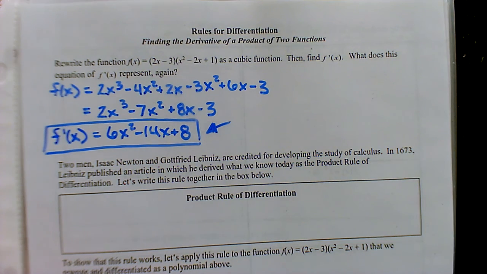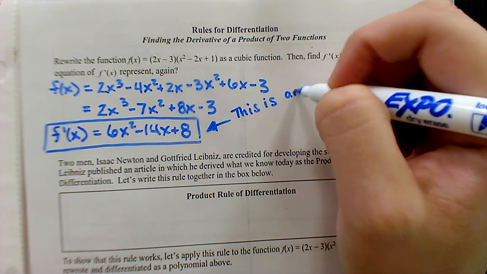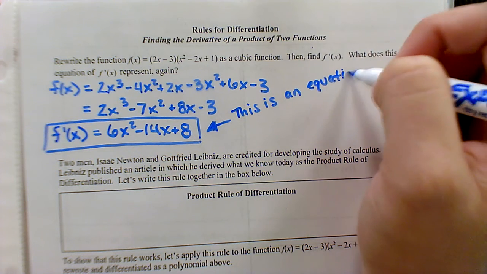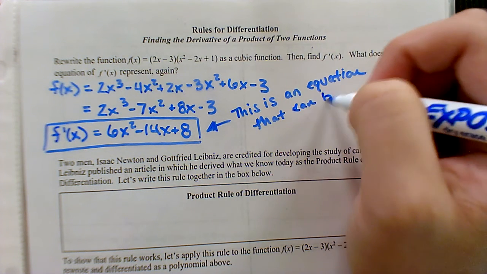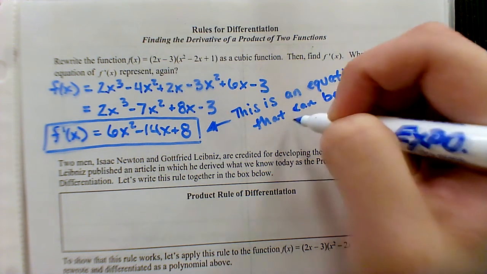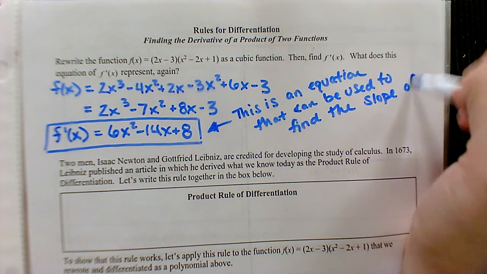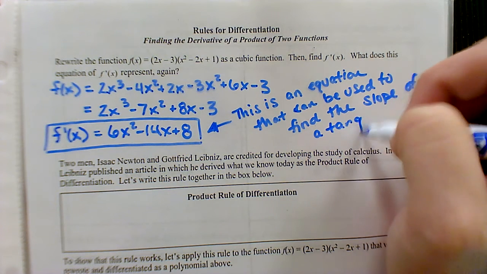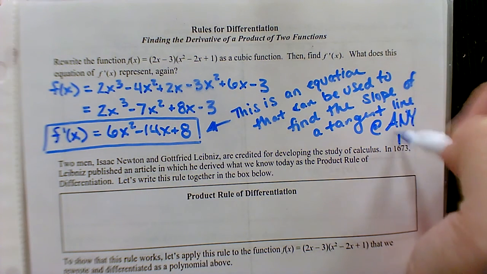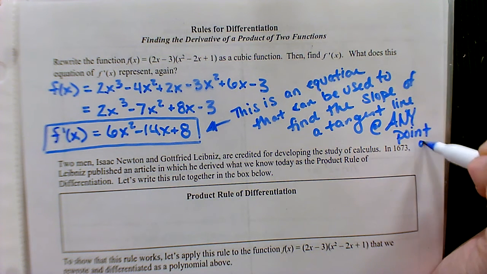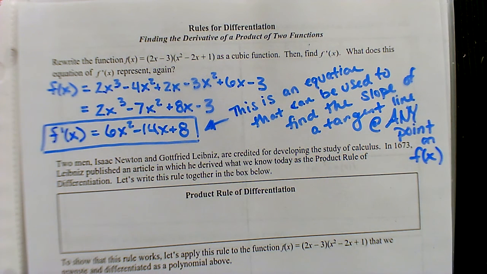What do you think, Stevie? Slope of a tangent line. It's a slope of a tangent line, okay? So this is an equation that can be used to find the slope of a tangent line at any point on f of x, okay, the original graph that you start.